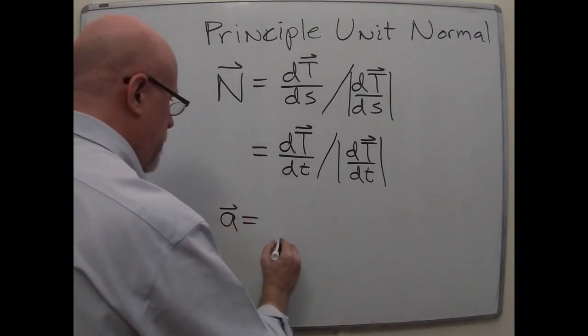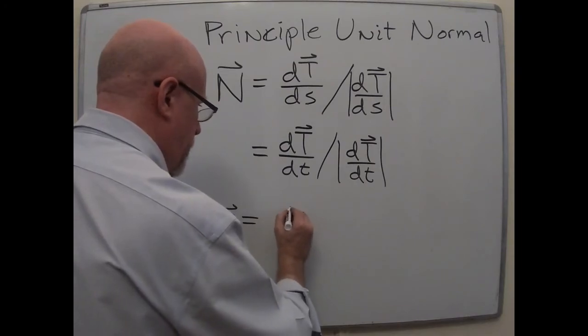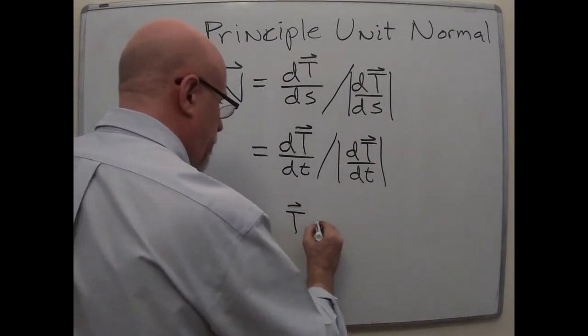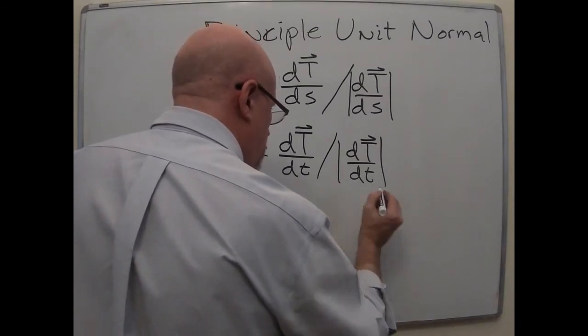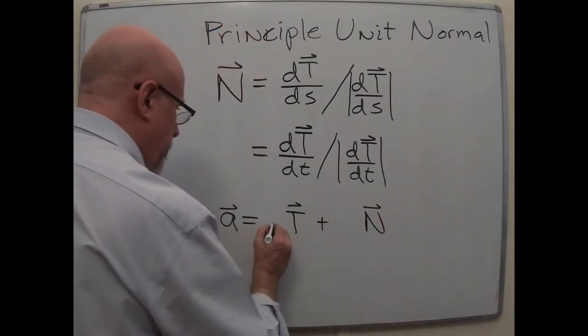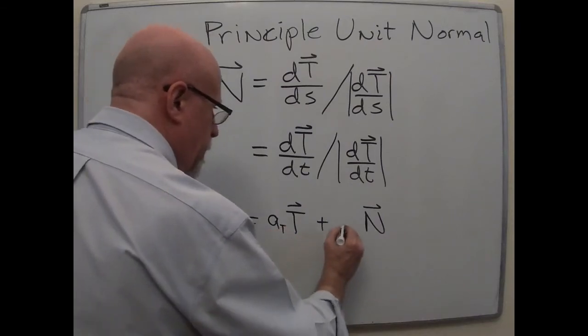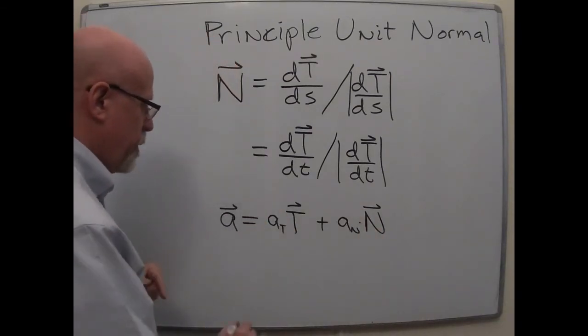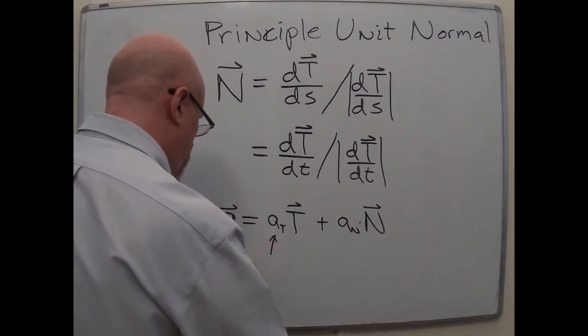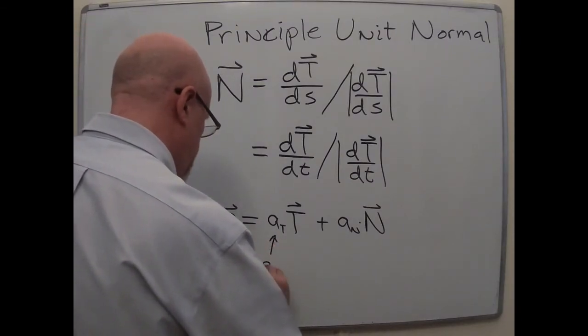And what we're going to do is write our acceleration vector in this kind of form. It can be written as something times the tangent, a component in the tangent direction, plus something times the normal. And those somethings are scalars now. They're called a sub t and a sub n. So if we do this, this is called the tangential component of acceleration.